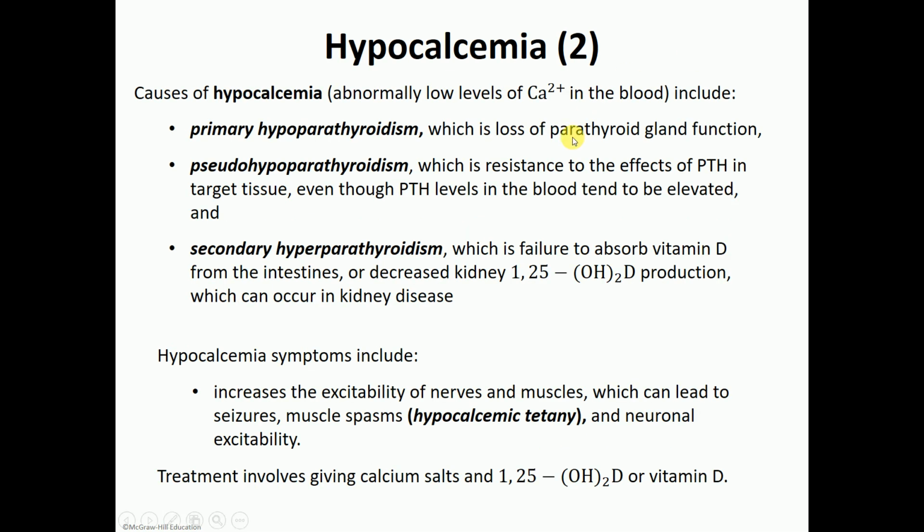Now, hypocalcemia, that's the other extreme. Again, a cause could be primary hypoparathyroidism, so due to loss of the parathyroid gland functions. And this is something, if you are going to be working in the future or now in post-surgical care, taking care of patients after surgery, that you want to keep your eyes on if somebody is getting a thyroidectomy.